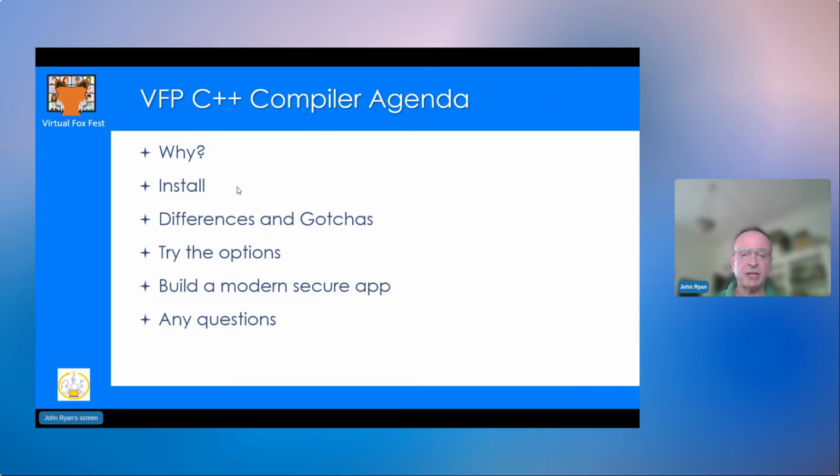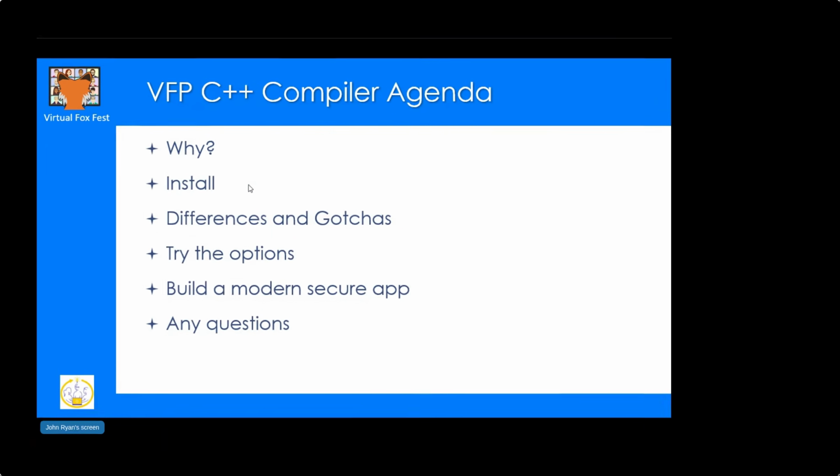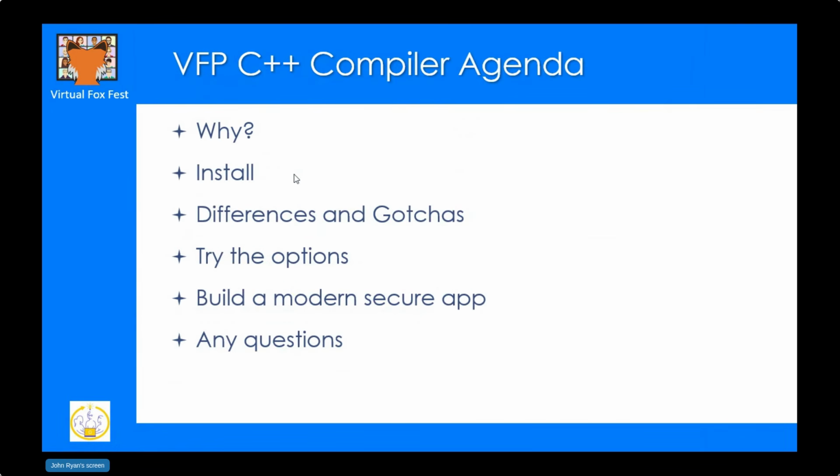So here's the agenda of my talk today. We're going to start by looking at why you would want to use VFP C Compiler. A brief review of installation, because I'm told that some people still have some difficulties getting it up and running. We need to cover some differences and gotchas when you're using VFP C Compiler compared to VFP9 or VFPA.